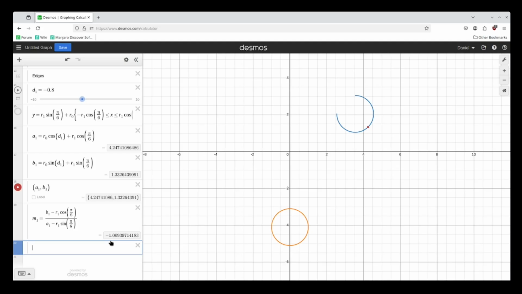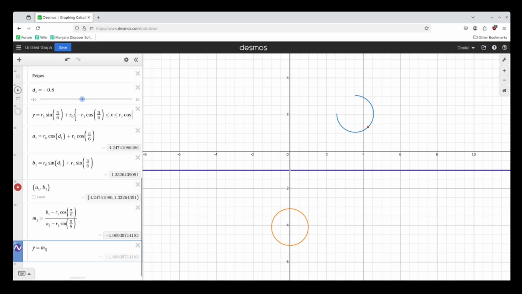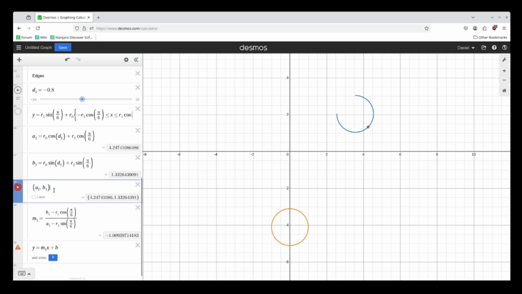And we should be able to solve y equals m sub 1 x plus b. We need to find out what b is. To do that, we can just sub this point, which is so much easier to work with than trying to use these other points here. And so let's sub in these values.